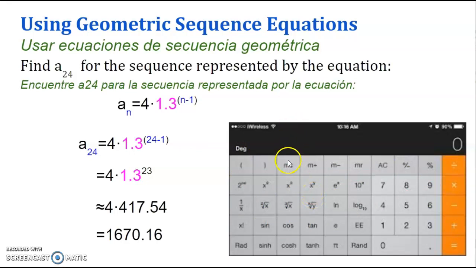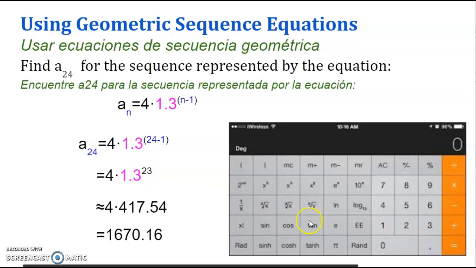You can do so by tilting your calculator sideways, and then you're going to get a more extended calculator. What you need to do is type in 1.3 first. 1.3 is the base. Now we need to raise that to the power of 23.